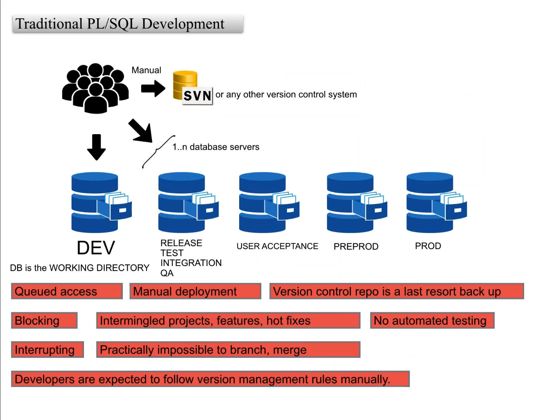Mostly, there are exceptions, and maybe some of you belong to this exception, but mostly there is one development database, and a lot of people work on this development database. The database is the working directory, and it's a shared working directory. This is insane.